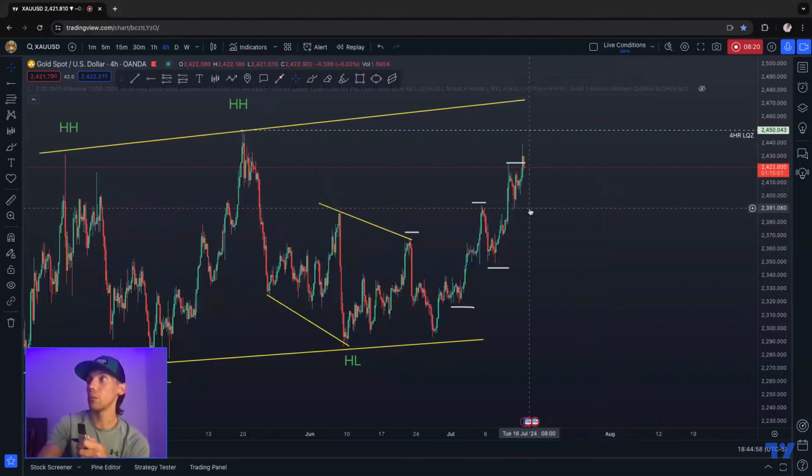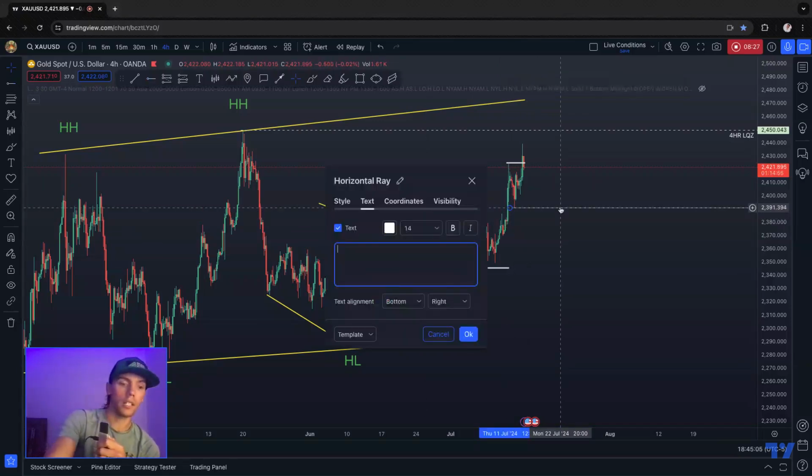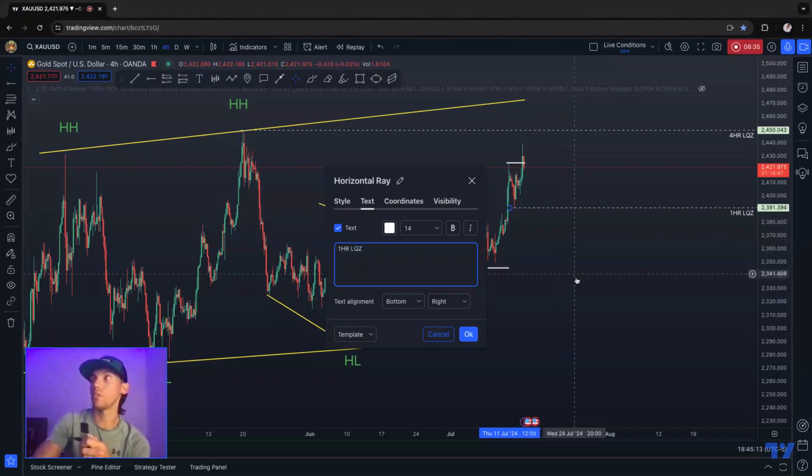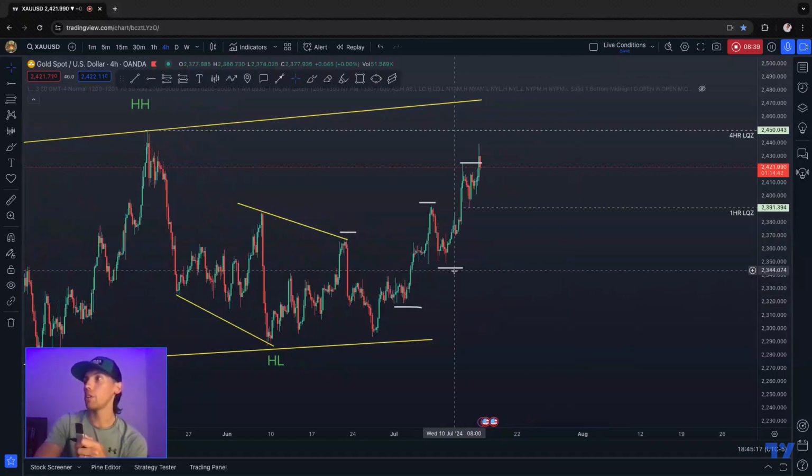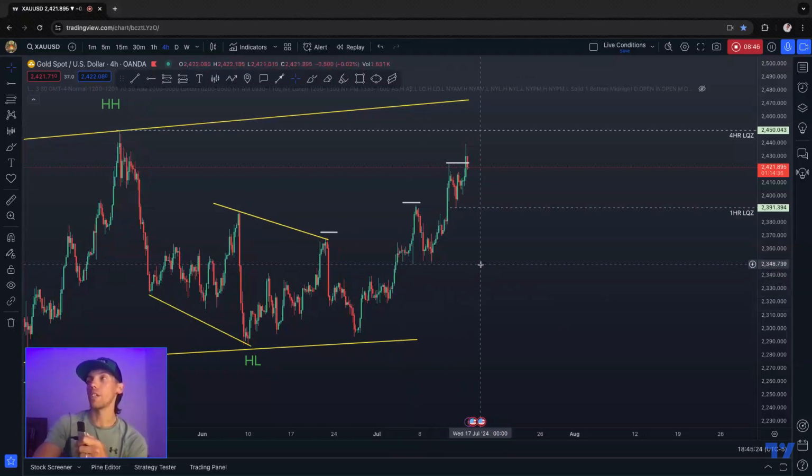And then we're also going to mark this low here. Boom. And we're going to make that a 1 hour liquidity zone for the low. And now we have a frame of where the market would have to go in order for us to shift direction.